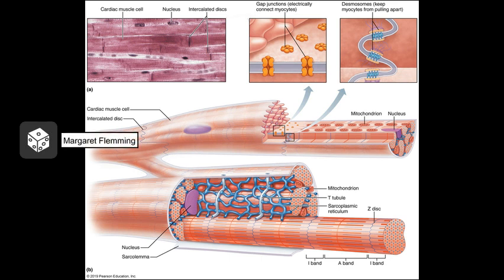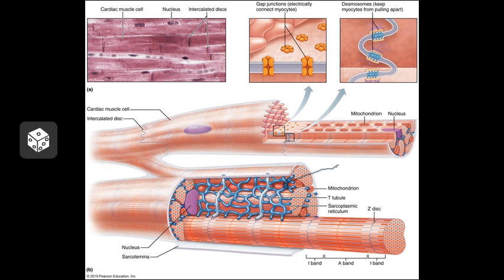When you look further at this slide, you realize that this illustration really looks a lot like skeletal muscle tissue. Only remember it's not, because of the intercalated discs, the branching, and another characteristic: the sarcoplasmic reticulum in cardiac muscle tissue is not as well developed as it is in skeletal muscle tissue.